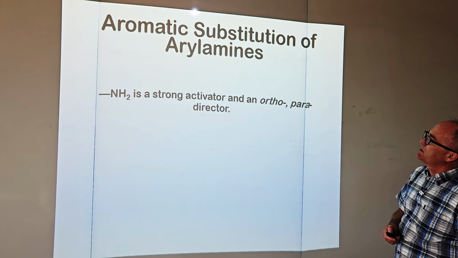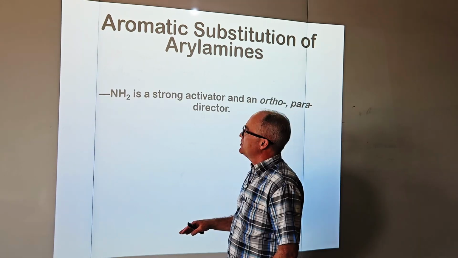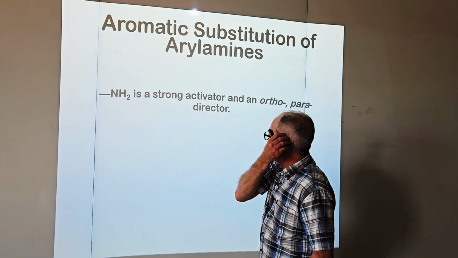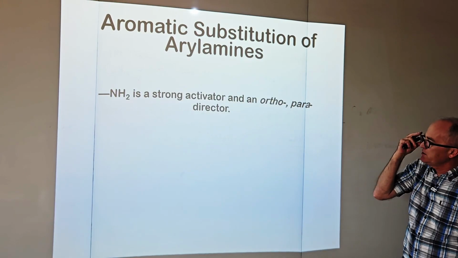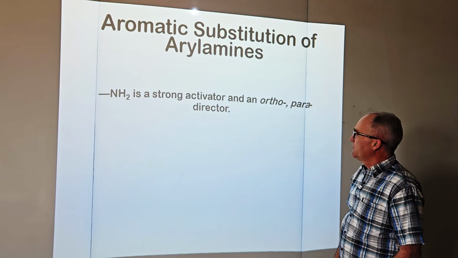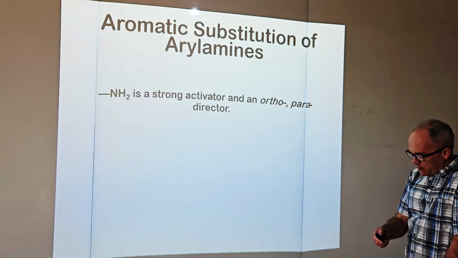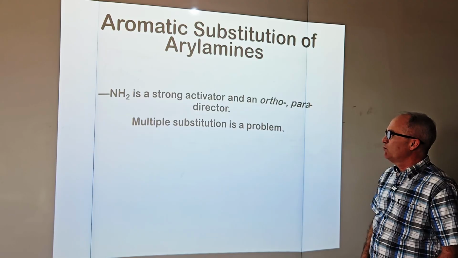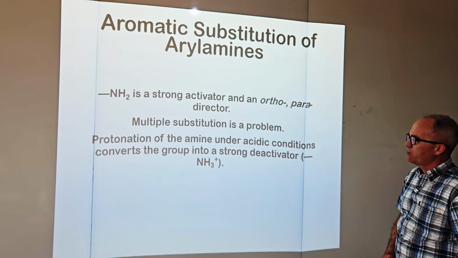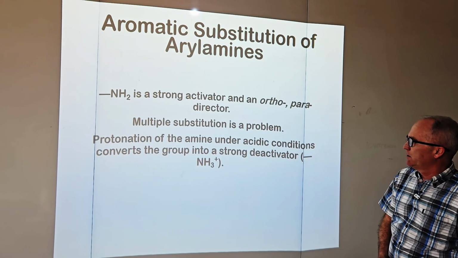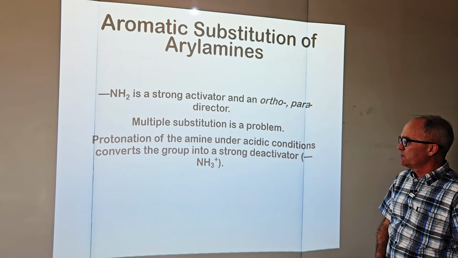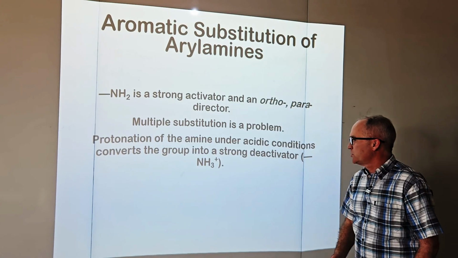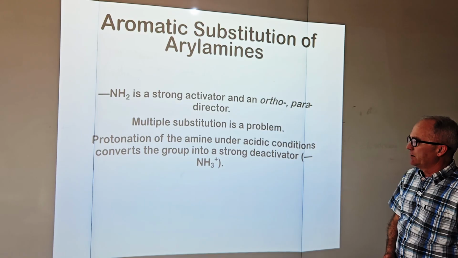Aromatic substitutions of aryl amines. So put NH2 on a benzene ring and you have aniline, which is a strong activator. So it's an ortho-para director and it's active enough so multiple substitutions is a problem. Protonation of the amine under acidic conditions converts the group into a strong deactivator.